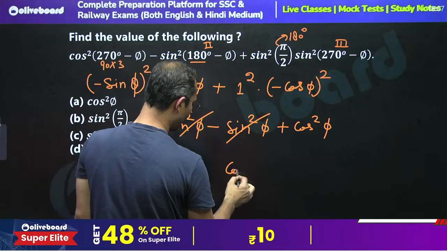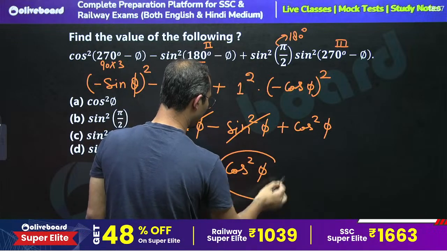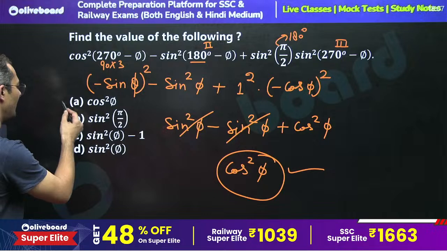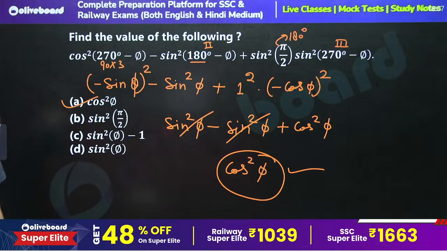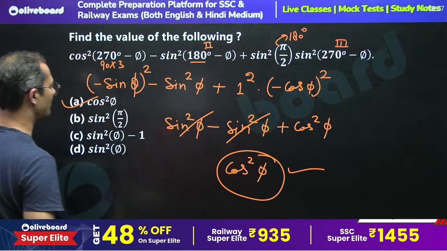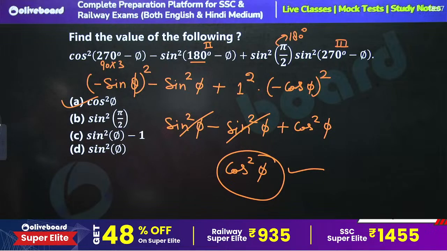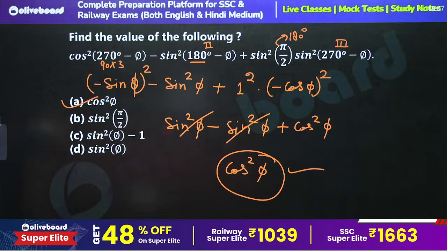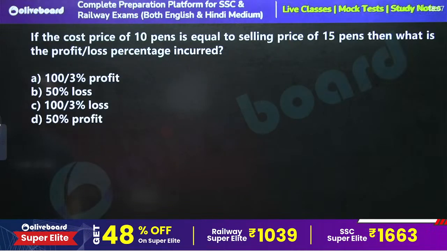Directly we can say that cos square theta is the right answer. A is the right answer. Is this clear? So moving to the next question. Tell me what is the answer for this question.